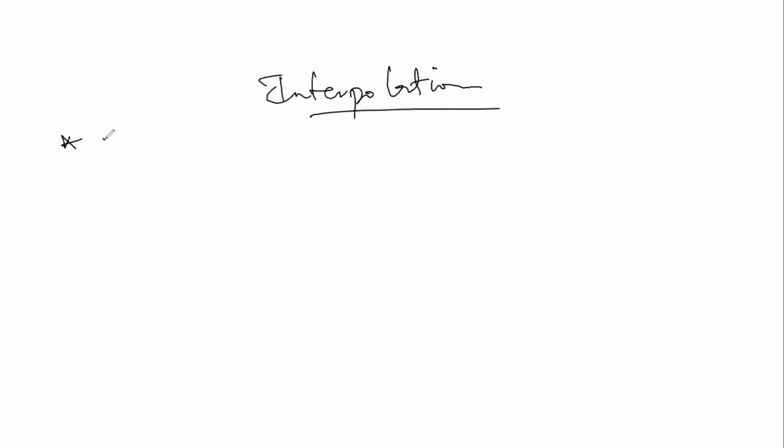The polynomial interpolation. Then we'll also talk about spline interpolation.